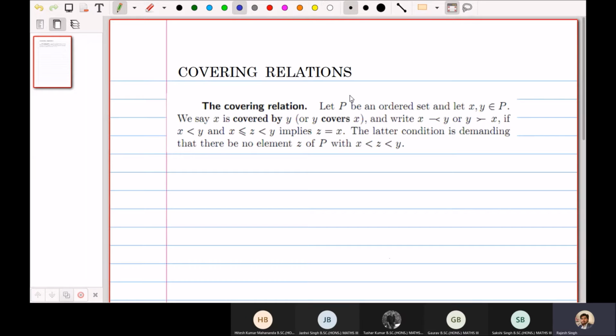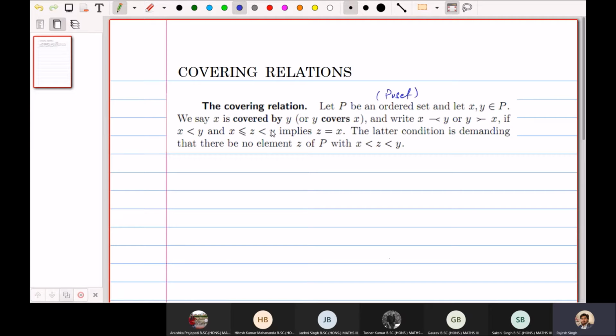So P is any partially ordered set, a poset, and X, Y are any two elements in P. We say that X is covered by Y, or Y covers X, and we denote it by X arrow Y, if X is related to Y, X is not equal to Y, and there does not exist any Z between X and Y. There does not exist any Z which is not equal to both X and Y, such that X is related to Z and Z is related to Y. Such a Z does not exist.